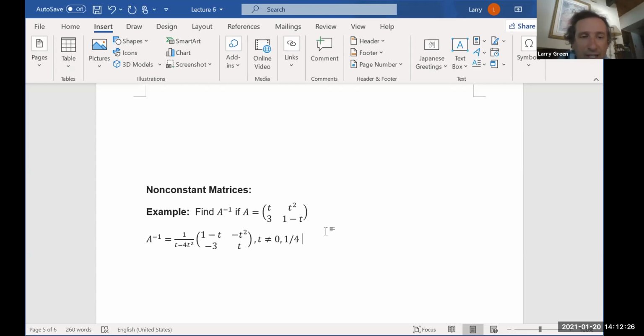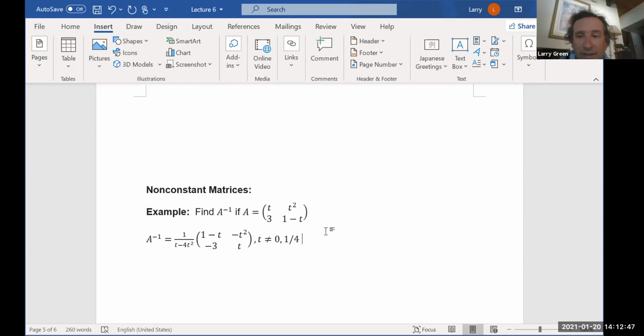Any questions on that? So one application of these non-constant matrices is when you're dealing with double and triple integrals, because the matrices that you get from the Jacobian are going to be matrices of functions.